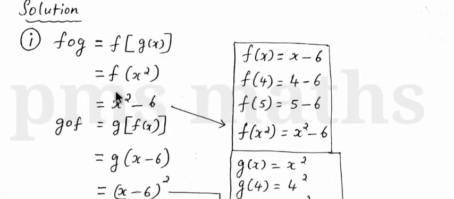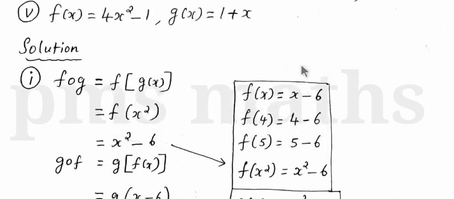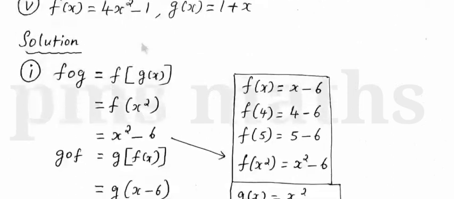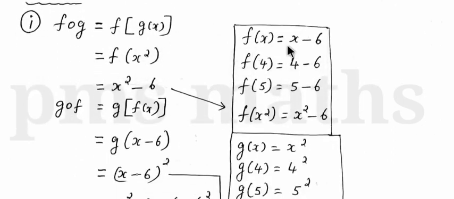Now, f of x square. Then find out the value of f of x square. F of x square is nothing but x square minus 6. What's the reason? Here, f of x is x minus 6. For example, f of 4 is 4 minus 6, just substitute x is equal to 4.